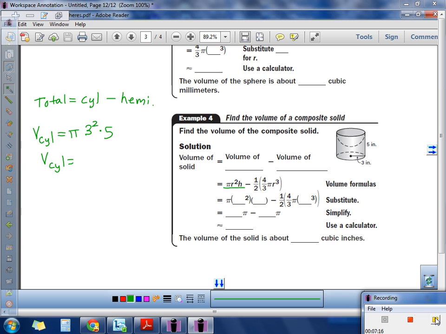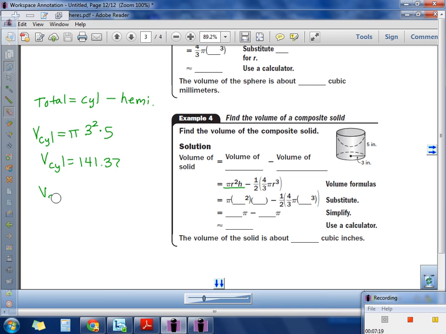Alright, so I heard 141.37. Now we also need to find the volume of that hemisphere. So a smart thing to do is take the formula of a regular sphere and then take half of it. So for the volume of the hemisphere, we're going to take 4/3 pi r cubed, and then take half of it.